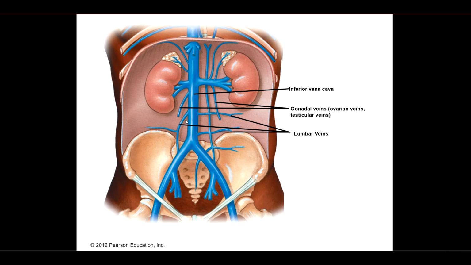Now, the gonadal veins. While we're on this picture, watch this. The right gonadal vein goes directly into the inferior vena cava. But notice, guys, the left gonadal vein here doesn't cross over and enter the inferior vena cava.